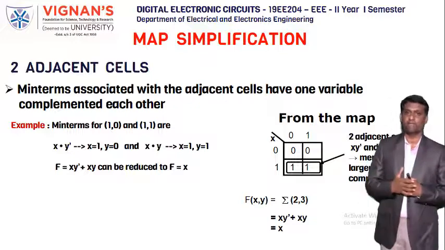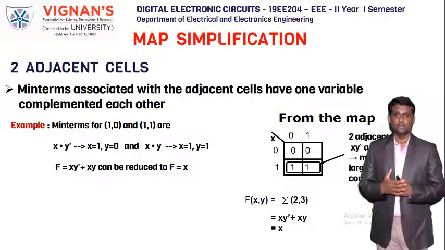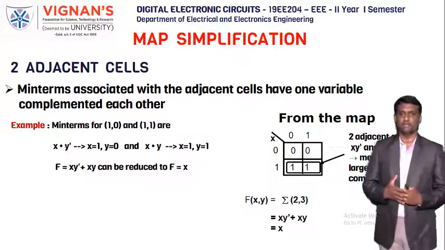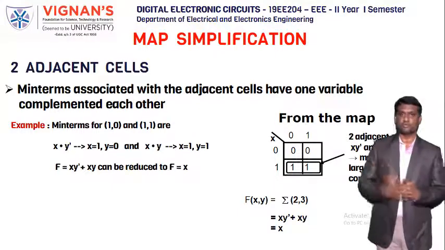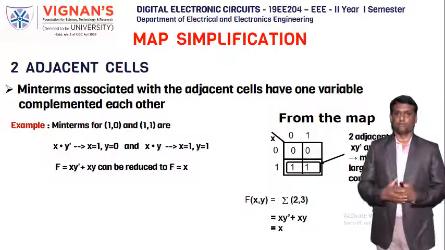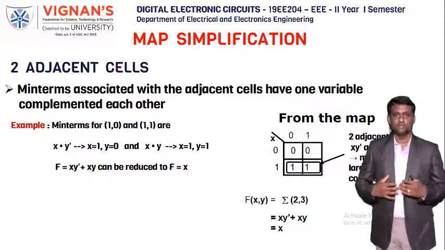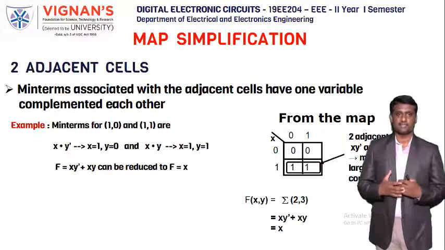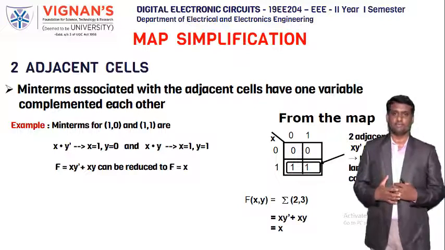The grouping can be a 2 cell group, 4 cell group or 8 cell group. In the first one we are going to see, 2 cells are grouped. In particular, those 2 cells are also adjacent to each other.